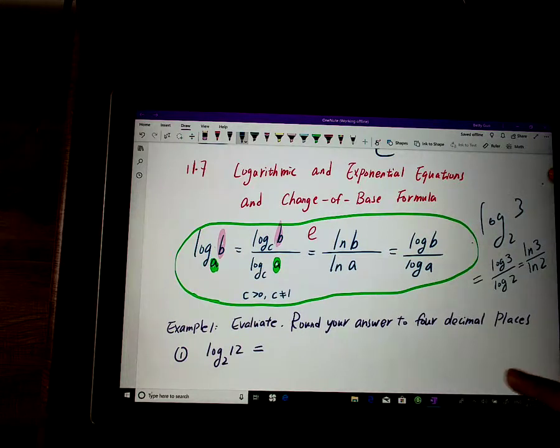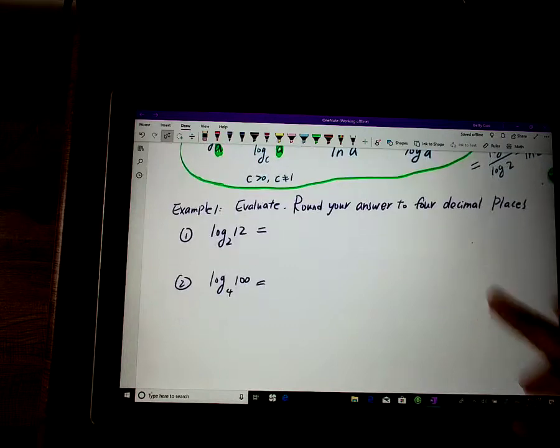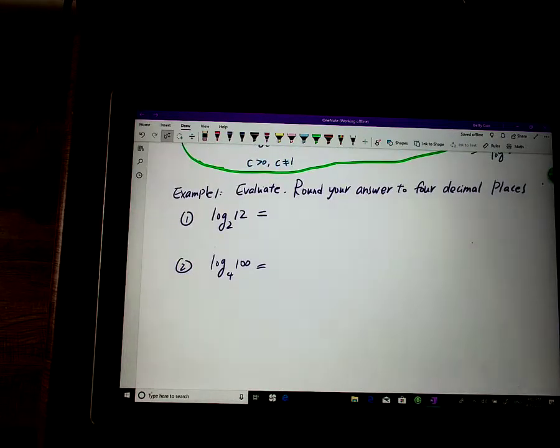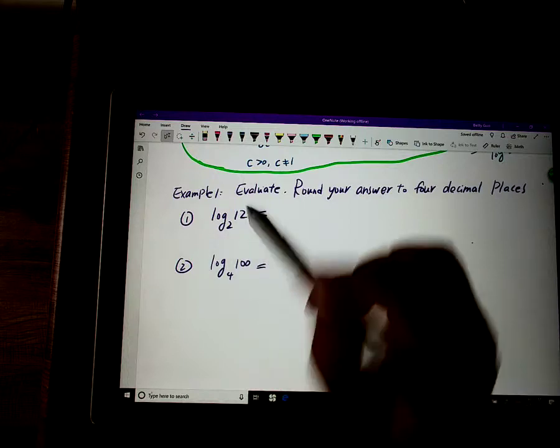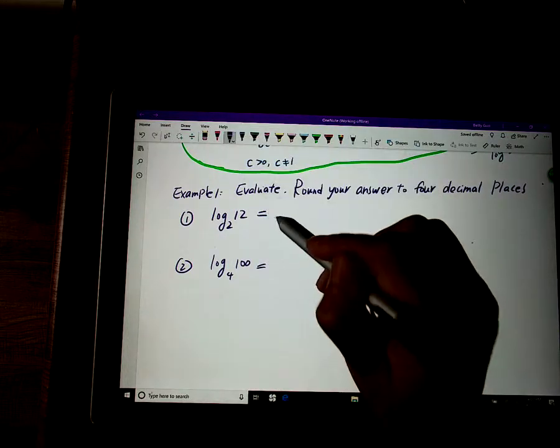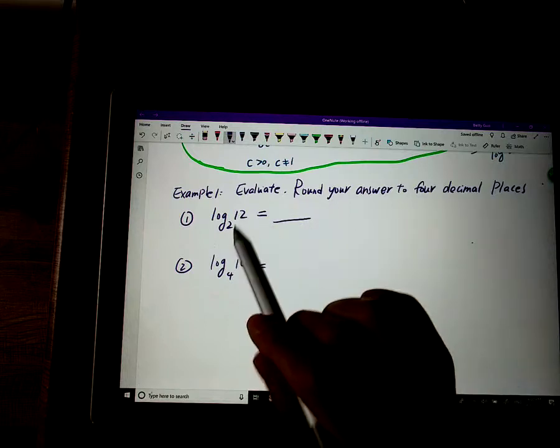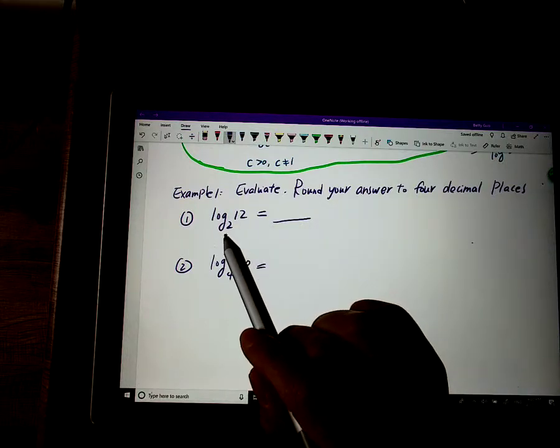Let's see example 1. Evaluate, round your answer to 4 decimal places. Number 1, evaluate logarithm with base 2 of 12. As I said, you are not able to find the result by using the calculator directly.